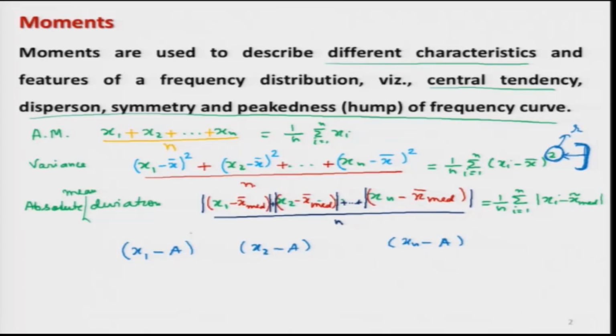So, I consider the deviations of the observations x1 minus a, x2 minus a, xn minus a, that is, the deviations of the observations around any arbitrary value a, which we have to choose. Now I take the rth power of these expressions and then find their average.